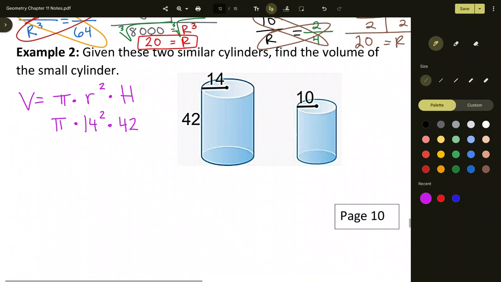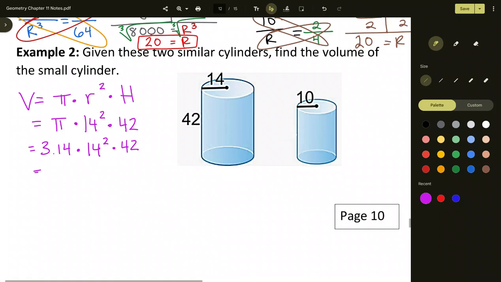Now again, if I use the pi button, I'm going to get some ugly numbers. So I might want to use 3.14, or I might just want to keep it in terms of pi because I know that eventually the pi's are going to cancel each other out. I think I'm going to use 3.14 instead. 14 squared times 42.